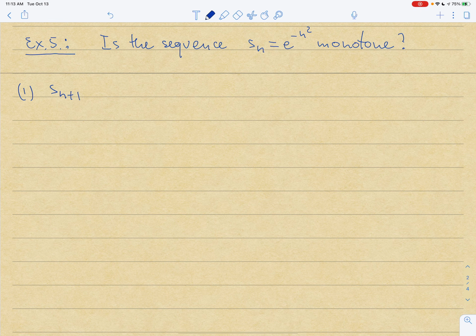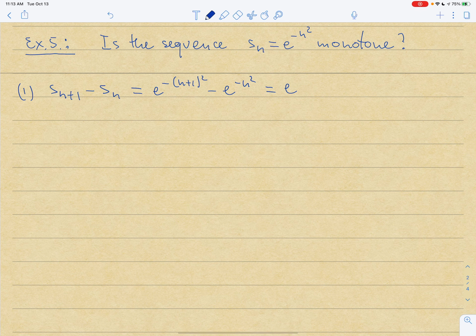Sn plus 1 minus Sn. That's going to be e to the minus (n plus 1) squared minus e to the minus n squared. So how would I deal with that? I can try to pull out a common factor. In this case, a common factor is going to be, for instance, e to the power minus n squared.